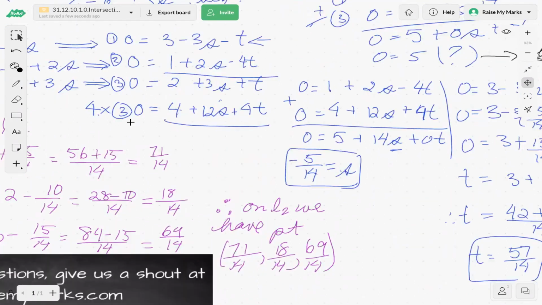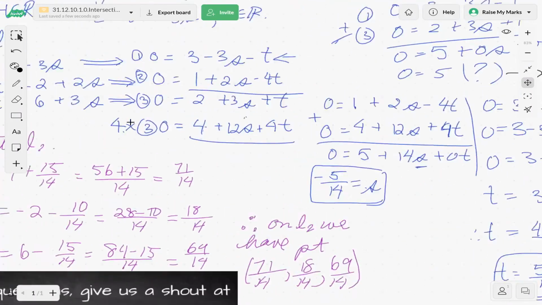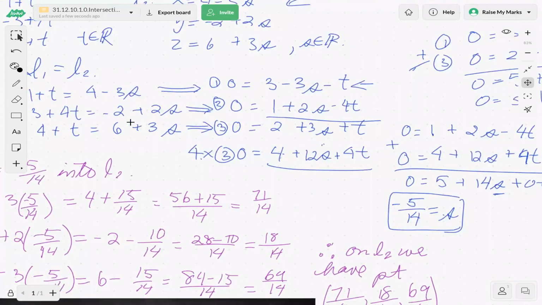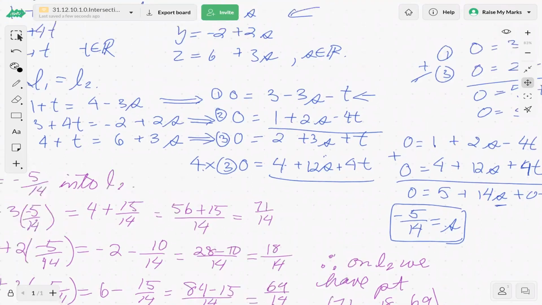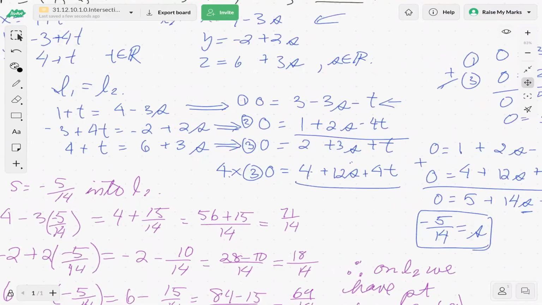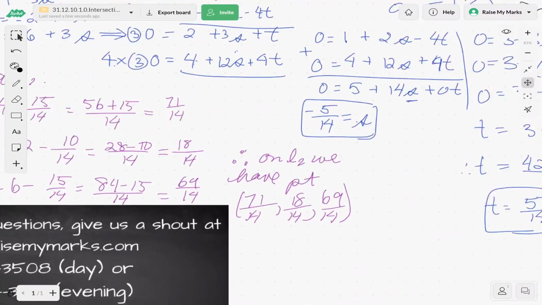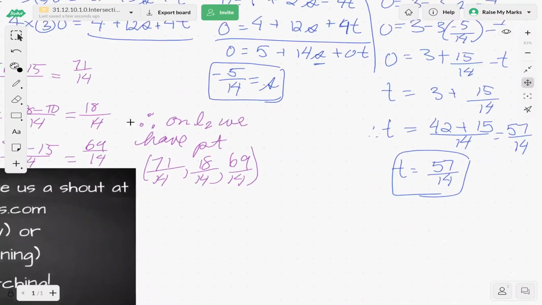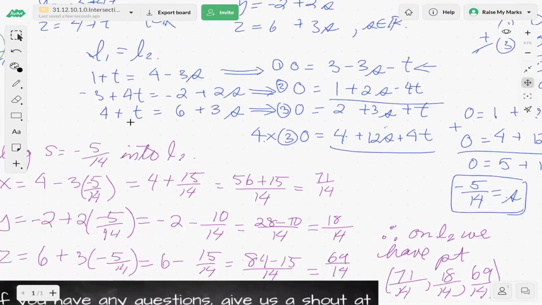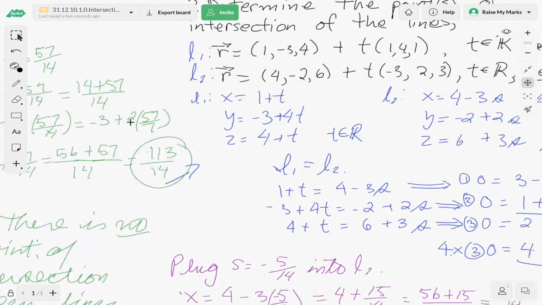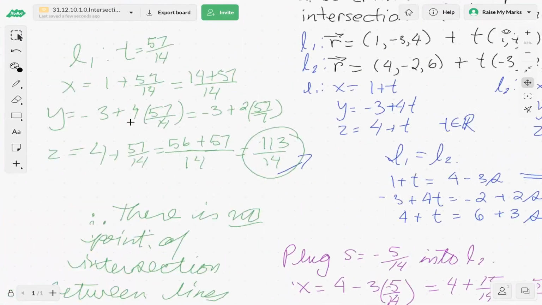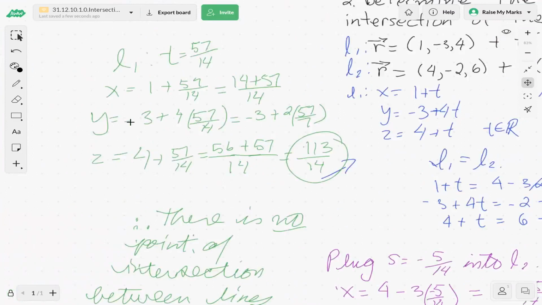So then I took these values for s and t and plugged them into their respective lines. When s equals -5/4, I plugged that into line 2, and I got the point 71/14, 18/14, 69/14. When t equals 57/14, I plugged it into line 1 and started doing the calculations to find the point.